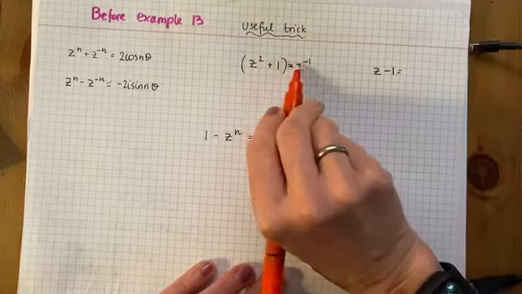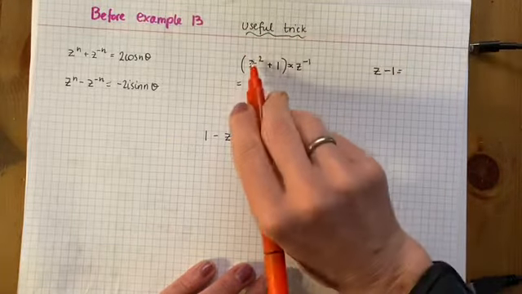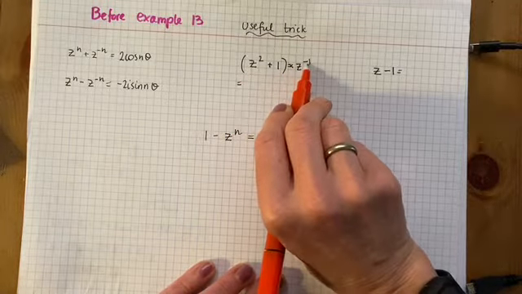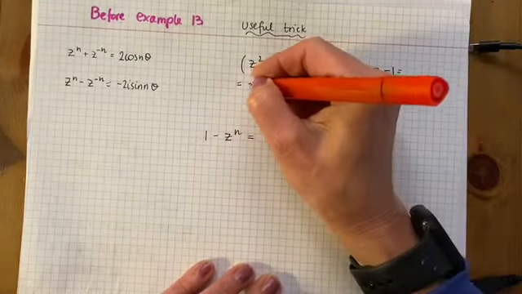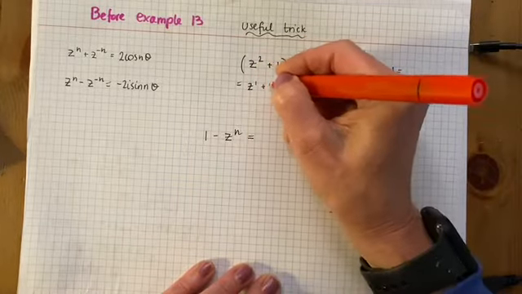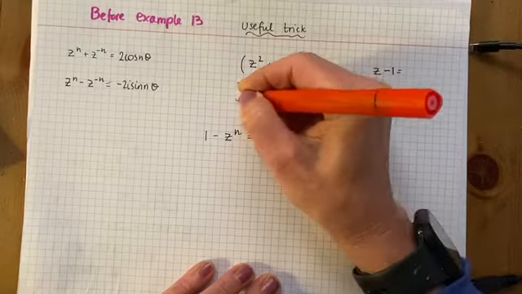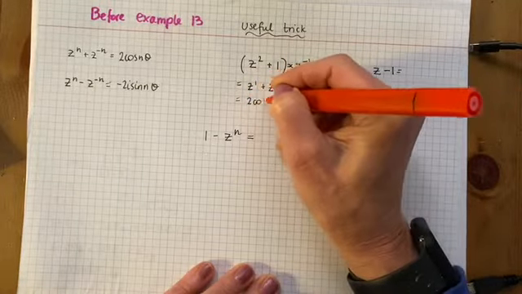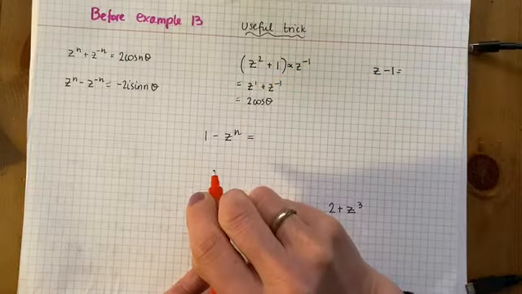So imagine multiplying it out. You are going to get z to the power of 2 multiplied by z to the power of minus 1. When you add the powers, you get z to the power of 1, and then 1 times z to the power of minus 1. And this one here can be replaced with 2 cos theta.